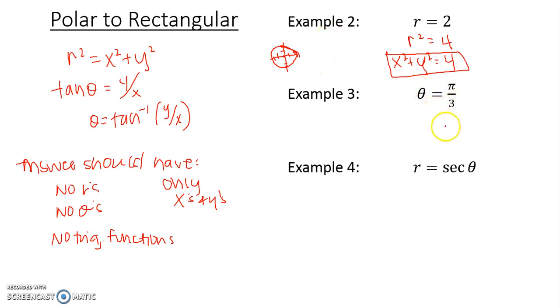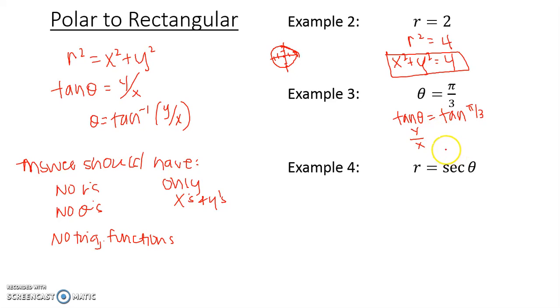For example 3, I have theta equals pi over 3. So I would probably go ahead and take the tangent of both sides, because I know to deal with theta I had that tangent there. Tangent of theta, according to this, is y over x.